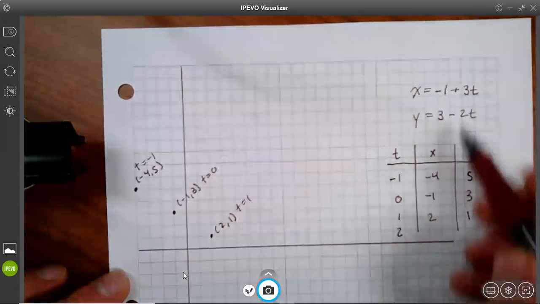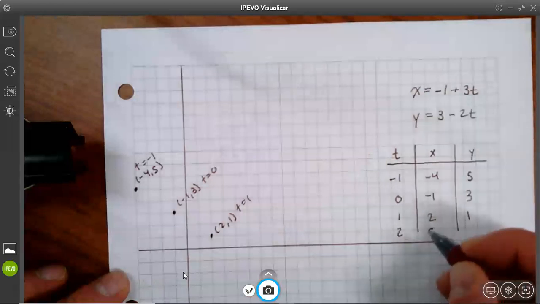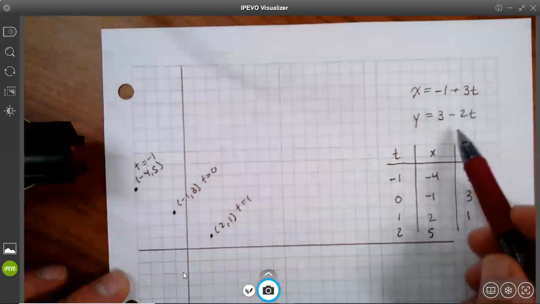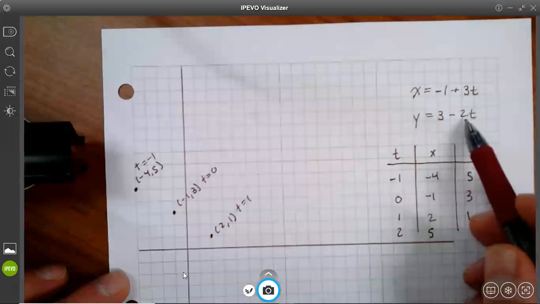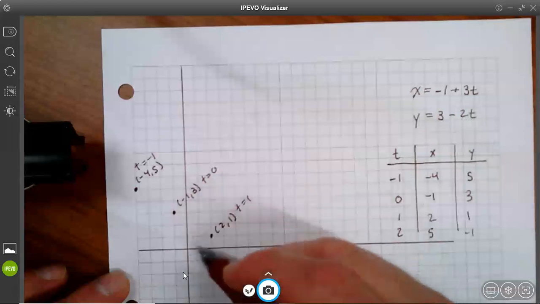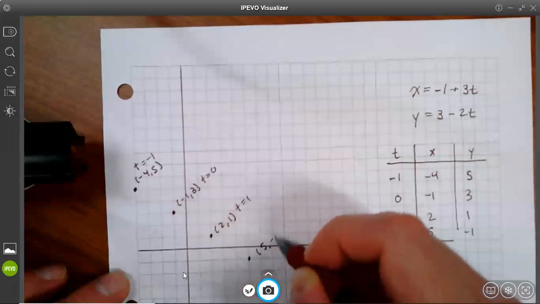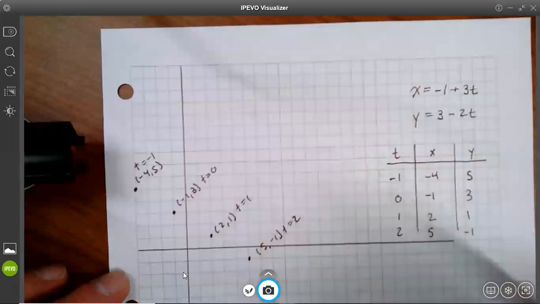For 2, 3 times 2 is 6, minus 1 is 5. And over here, 2 times 2 is 4, 3 minus 4 is -1. So that's 1, 2, 3, 4, 5, -1. And that's t equals 2.